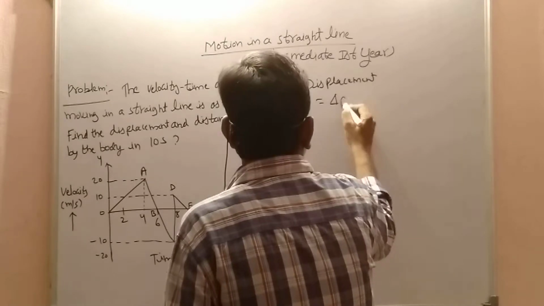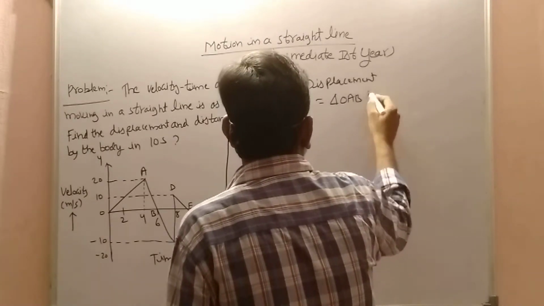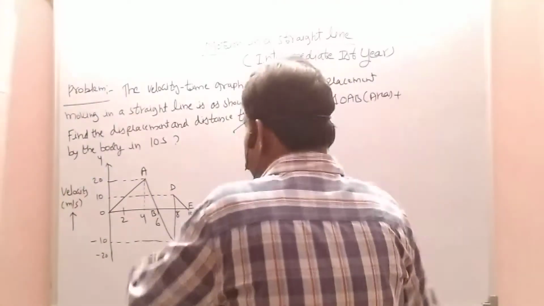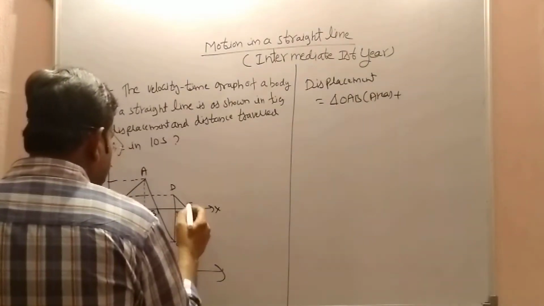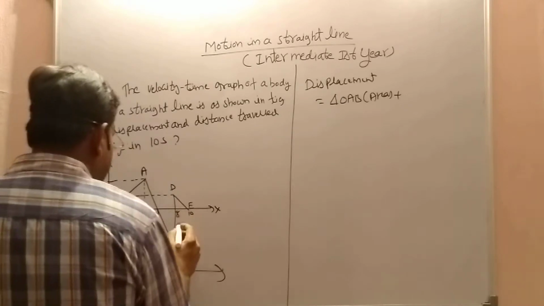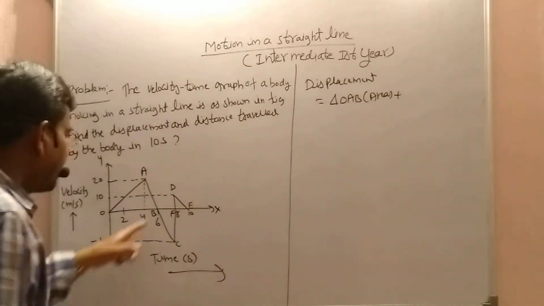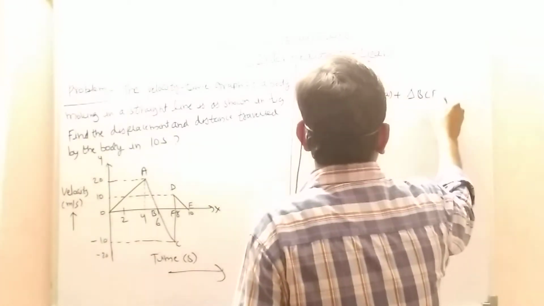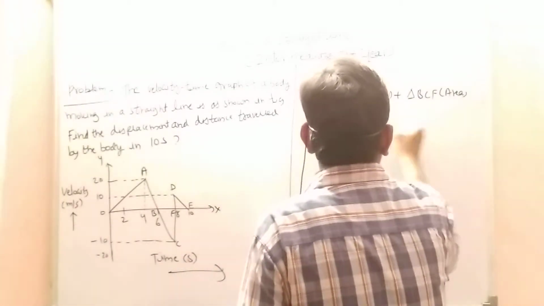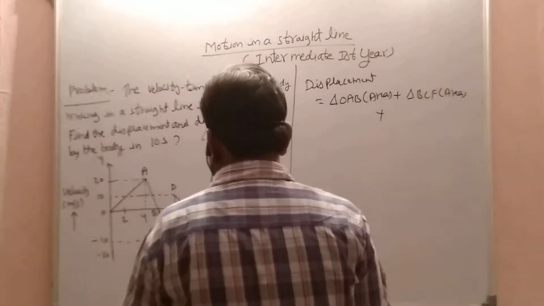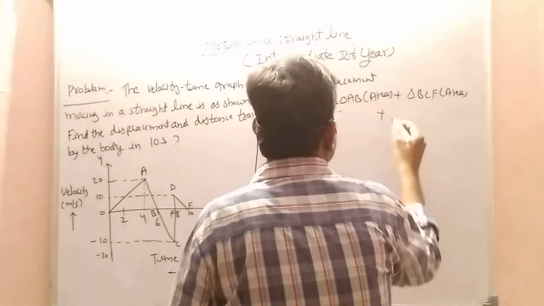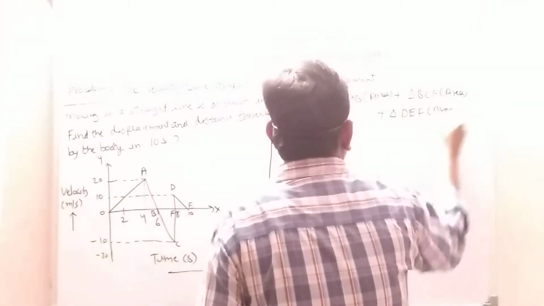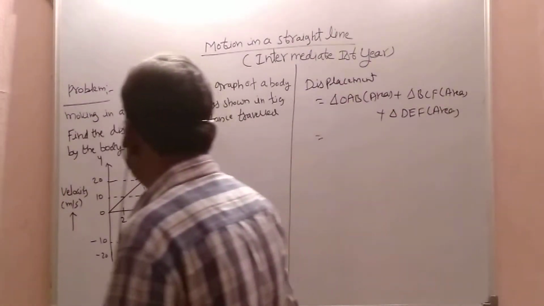Triangle OAB area plus triangle BCF area, this you take as D, E, F, plus triangle DEF area.